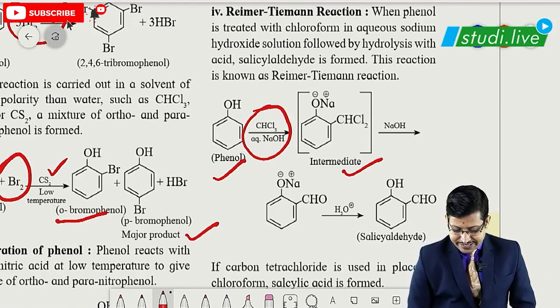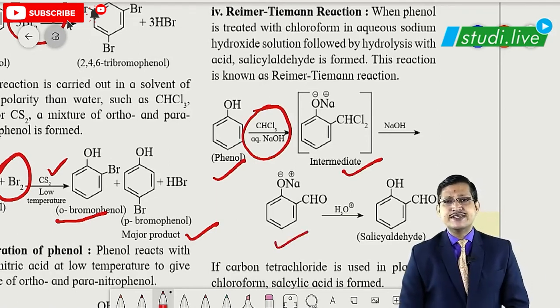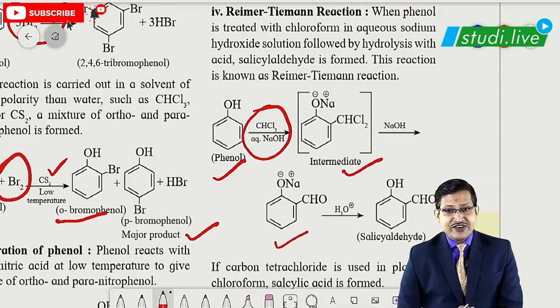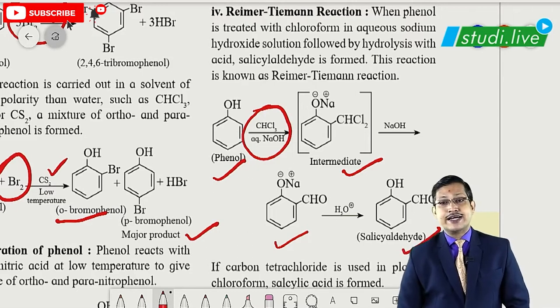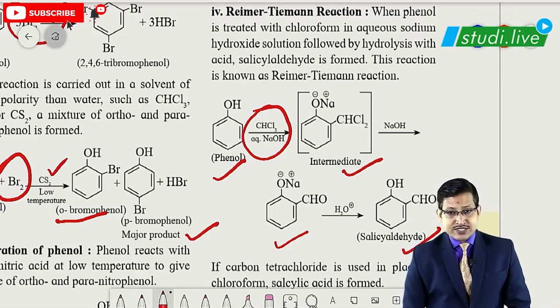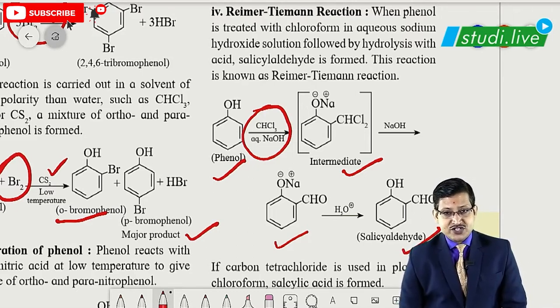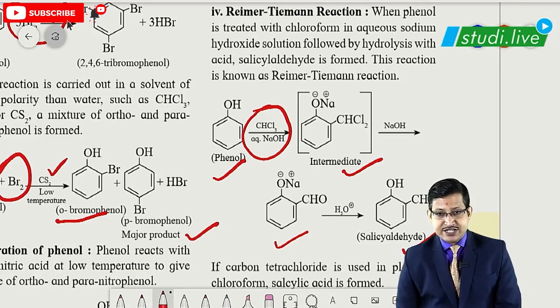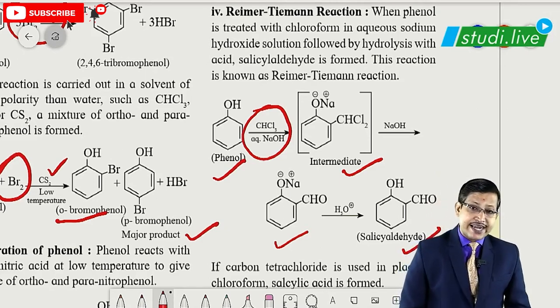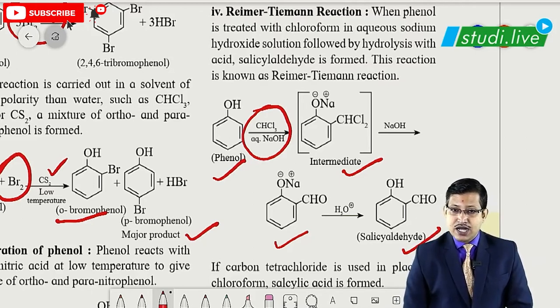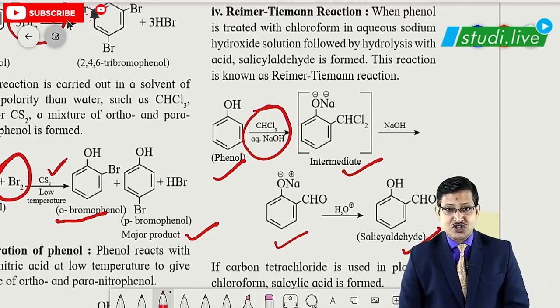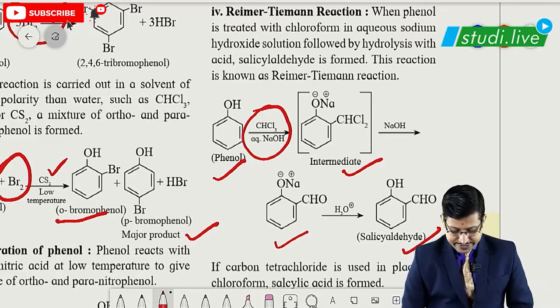That intermediate will give you the next intermediate in the second step, and finally what you get is salicylaldehyde. So you should know the steps. Phenol, first step giving you the first intermediate, then the second intermediate, and finally salicylaldehyde formation. So this is how phenol gives you salicylaldehyde.